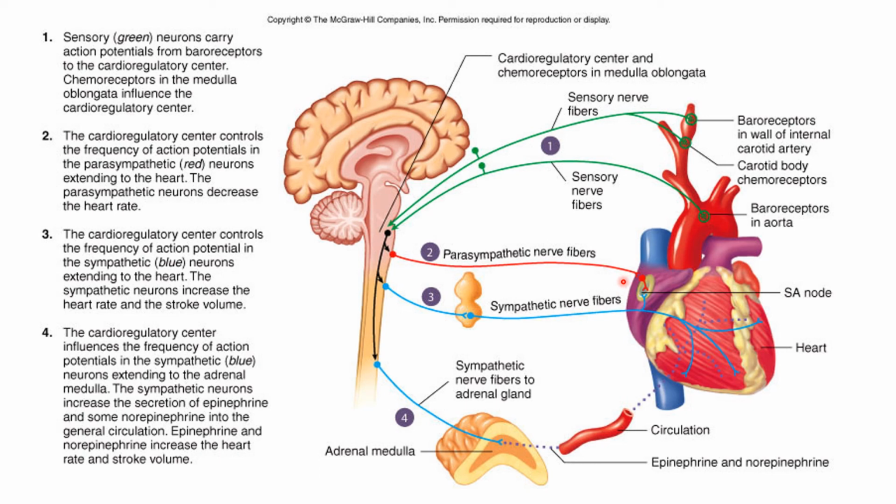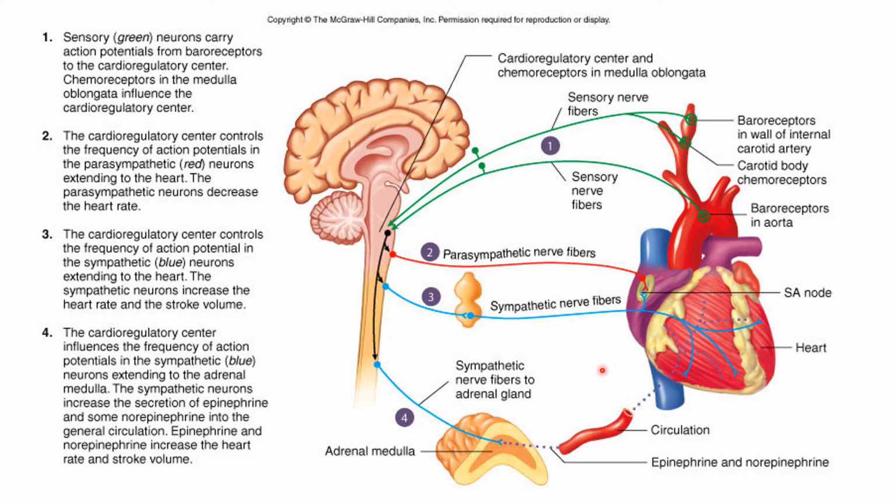The cardioregulatory center also controls the frequency of action potentials in the sympathetic neurons, the blue lines. So those are sympathetic reactions. The sympathetic neurons increase the heart rate and the stroke volume.